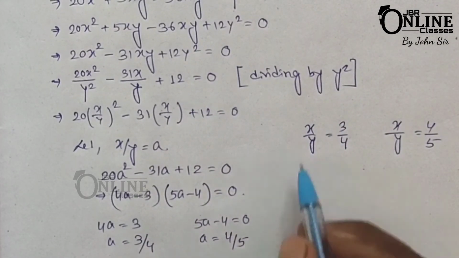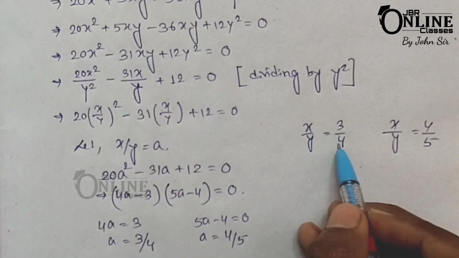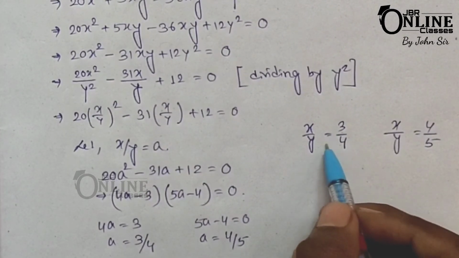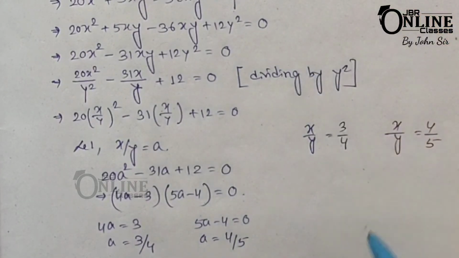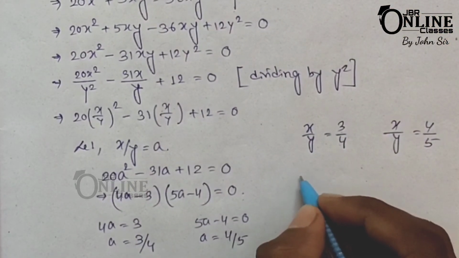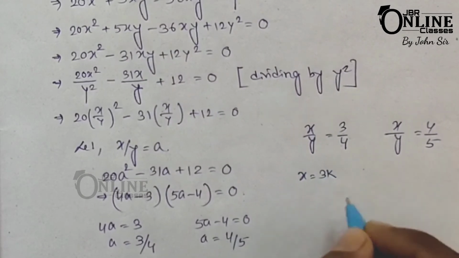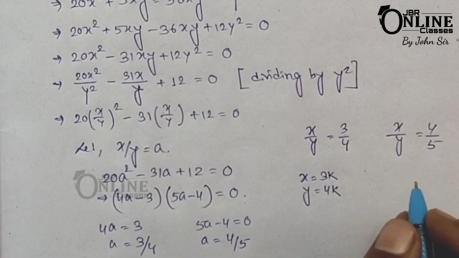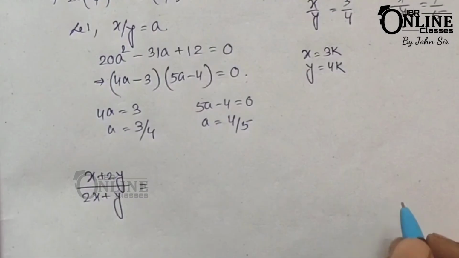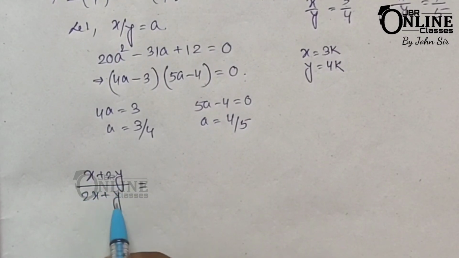So now as x by y equals 3 by 4, you have to just put this value in the given expression. Here x equals 3k and y equals 4k, as k is the proportionality constant. So here (x plus 2y) by (2x plus y).